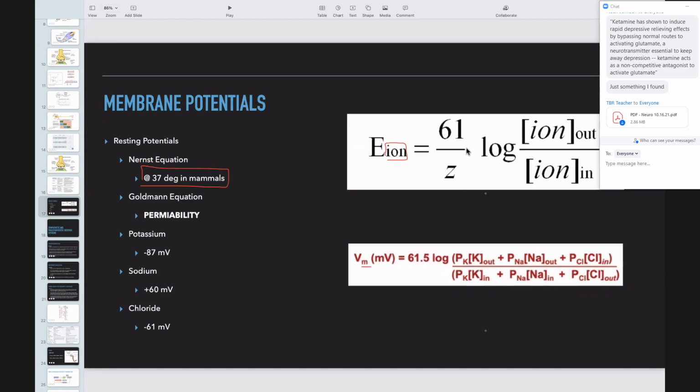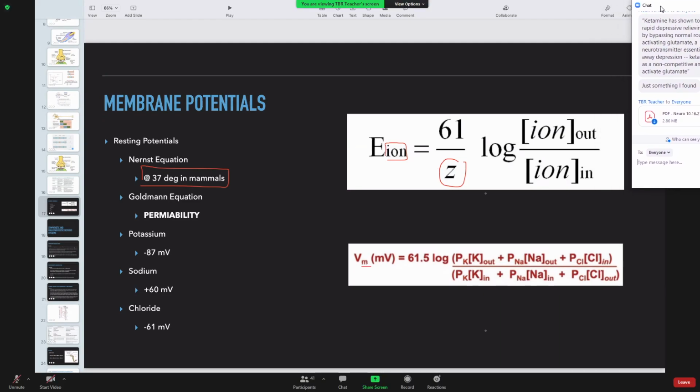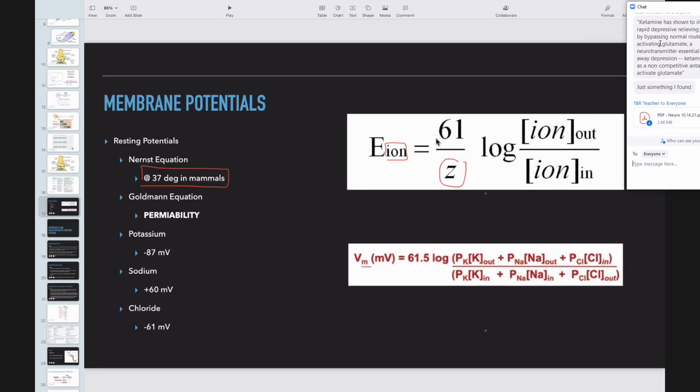How is that generated? The first thing that comes to mind is the Z. So what is the Z? Z is the charge of the particle. If we have potassium, it's a +1. Sodium is a +1. Chloride is a -1. So if we're dealing with potassium or sodium in this equation, it just becomes +61 in front of the log.